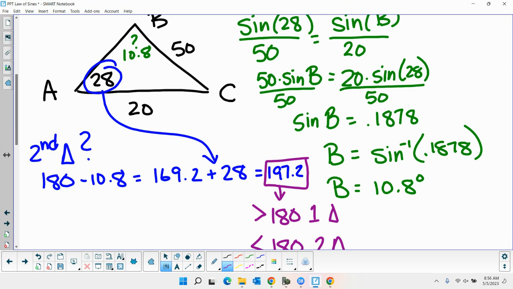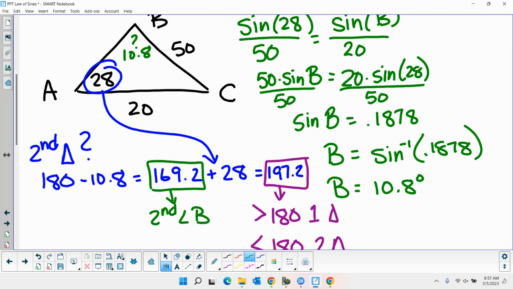But if it's less than 180, I would have had to look for the second triangle. Okay? And if it was a second triangle, then this supplement would have been the second angle B. If this would have been less than 180, this is the number that I would put for the second. So I'd have the same picture here, 28, 50, and 20. That doesn't change. But the 10.8 would change to the 169.2. And then I'd finish up.